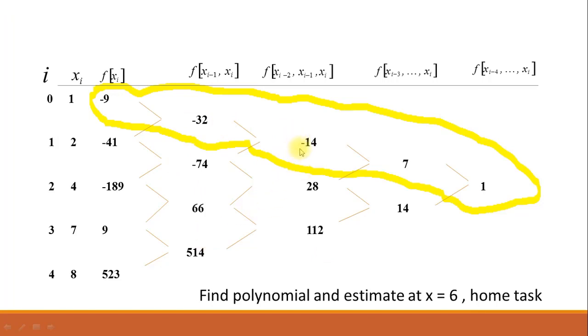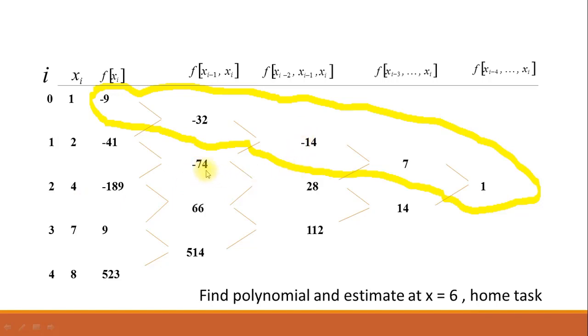Now how to construct this column? Subtract each two consecutive terms from this column, but skip one number step by step for each difference. For example, subtract minus 32 from minus 74 and skip this number, skip 2, and subtract 1 from 4, and then divide the difference of these numbers by the difference of 1 and 4, we get minus 14.